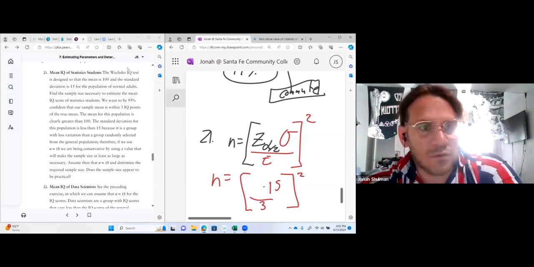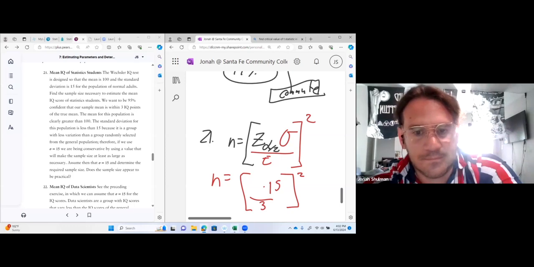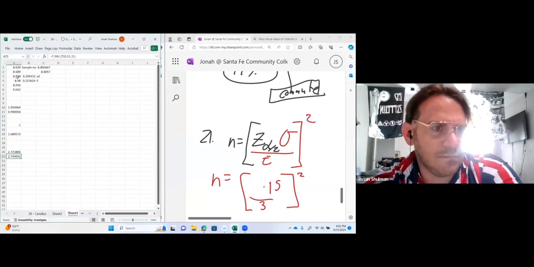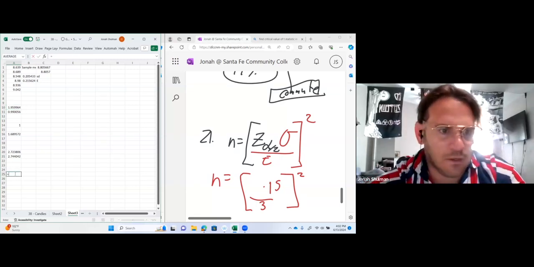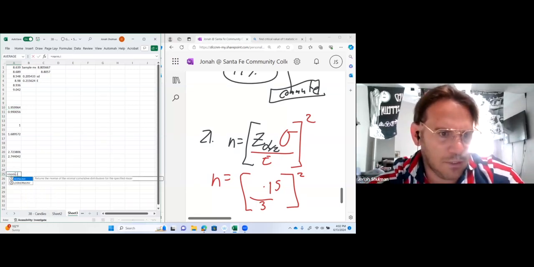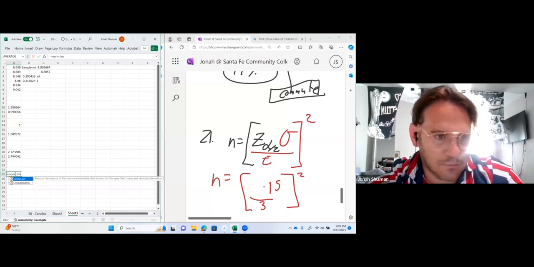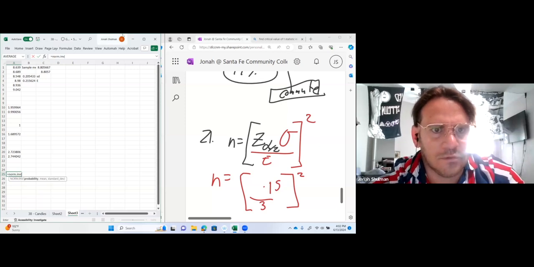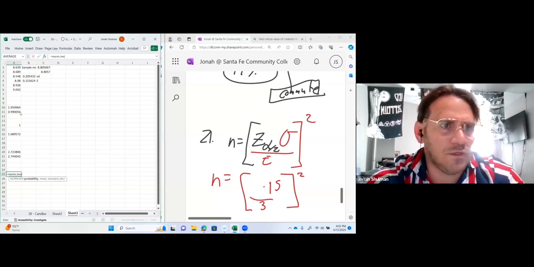all I need is my z-score. Get that z-score with normal dot inverse. Our probability was, I just have to shift it a little.